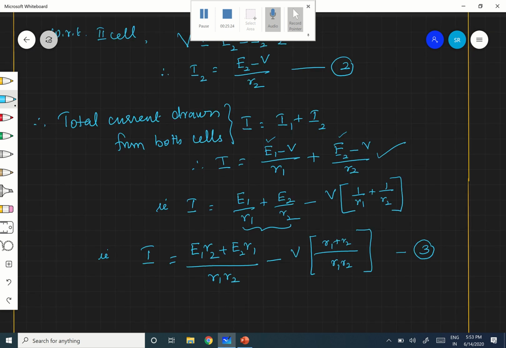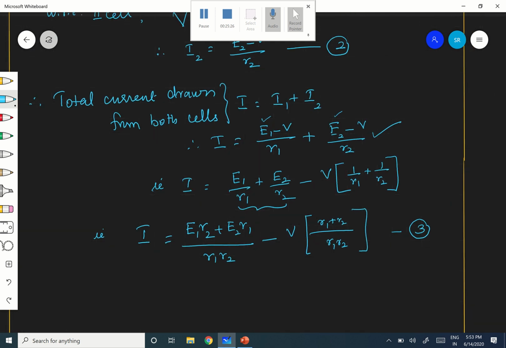Next, from this I want only V, the terminal potential difference. I want the expression for the potential difference between the points B1 and B2 across both the cells, because both the cells are connected in parallel between the points B1 and B2.